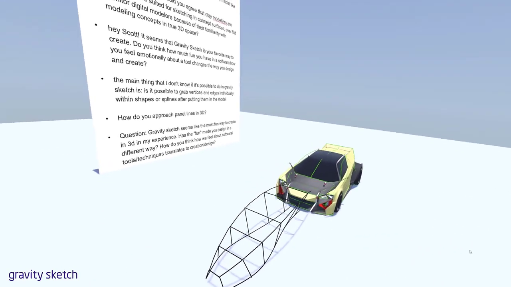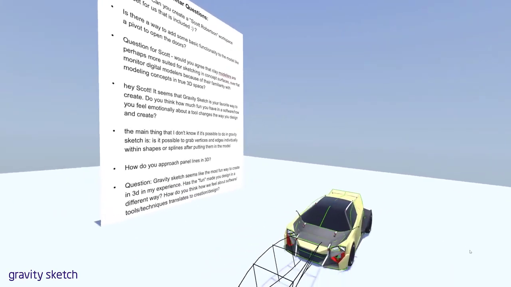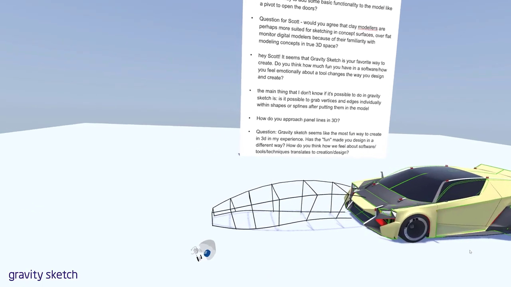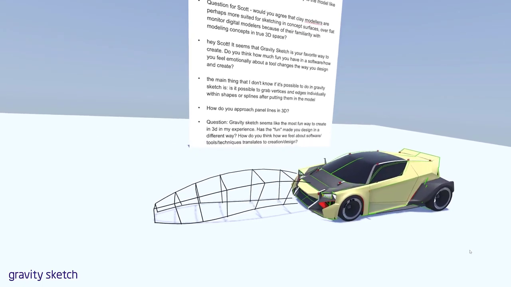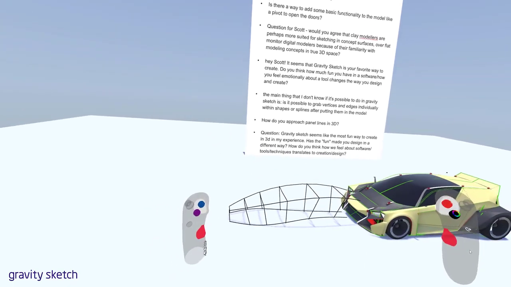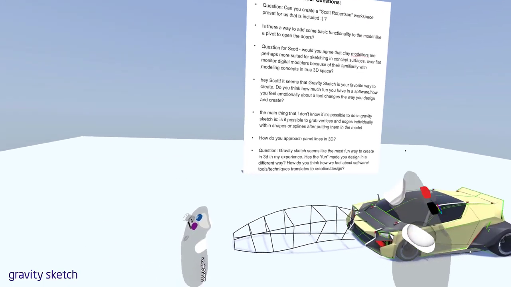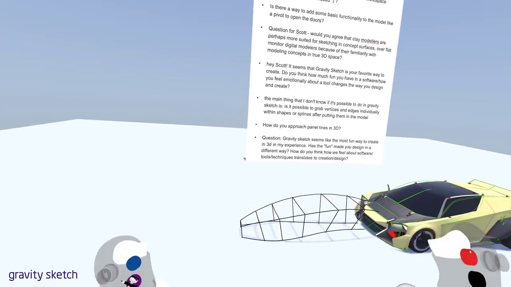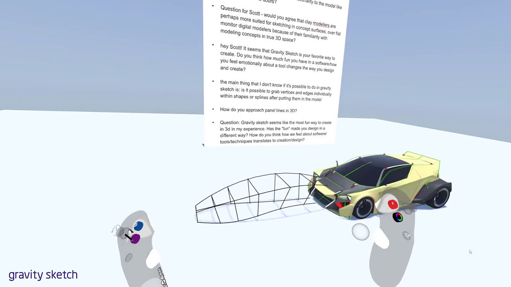So I would say that programs like Medium, or now Modeler from Adobe, basically any voxel-based modeling program, which this is not, are sort of based on volumes and doing additive and subtractive work. That feels the most like clay and the most like a traditional modeling environment.